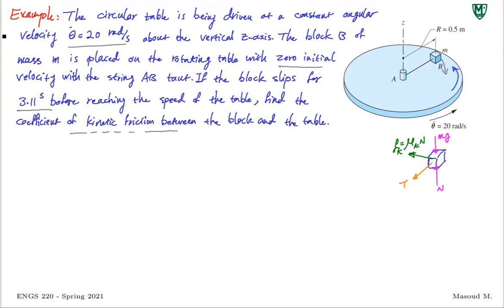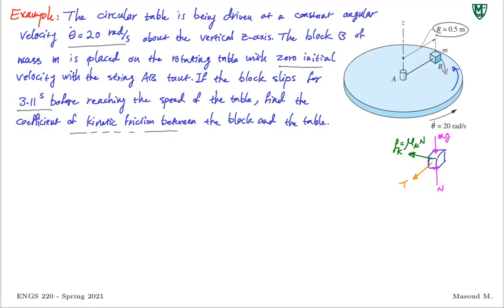So we have the relationship. If it was the case, then we couldn't really take the force into account. Right? So we have time, we have velocity, and we want to take into account the force, and we have this distance r. Right? One thing that stays constant is this distance r, where the block is with respect to the z-axis.